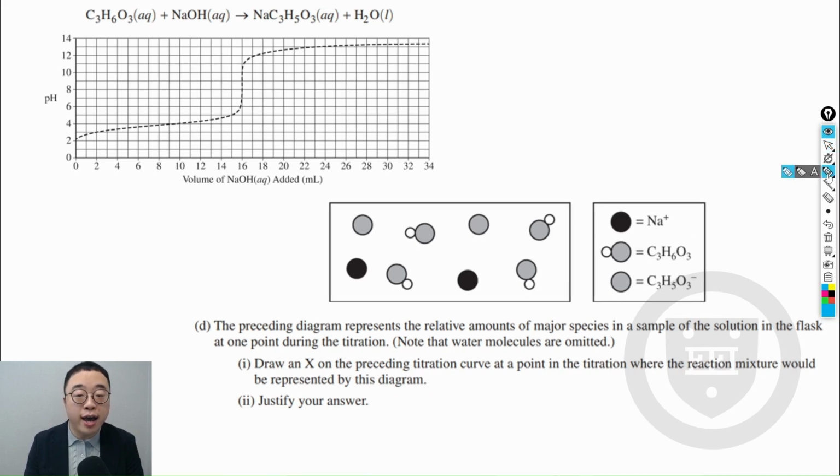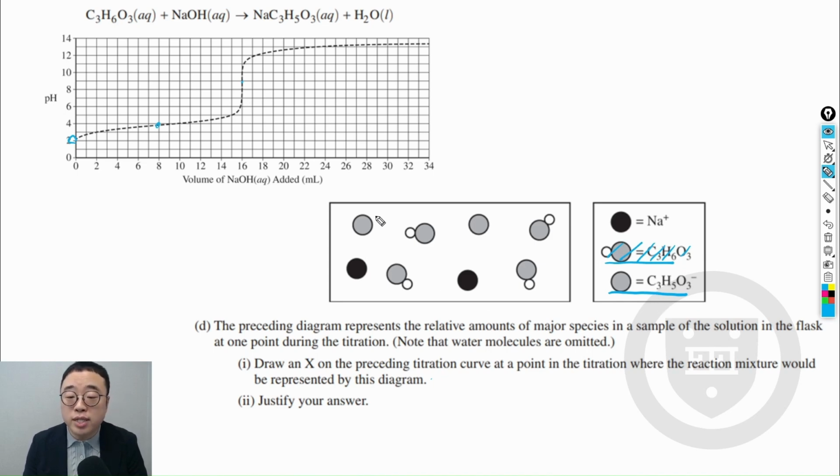So now we have here, let's see. Let's count the number of weak acid we have available, right? Remember, initially we have all weak acid. Then at the half equivalence point, we have equal amounts of the weak acid and its conjugate base. And at the equivalence point, we no longer have the weak acid, and we only have its conjugate base, right?